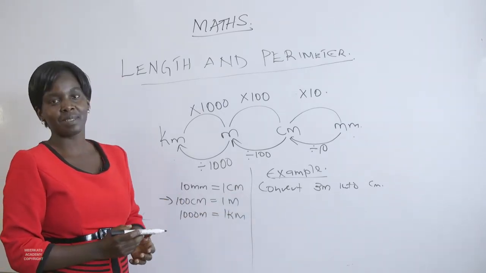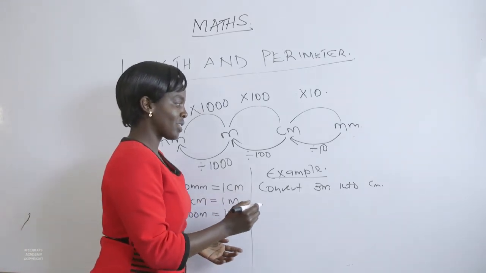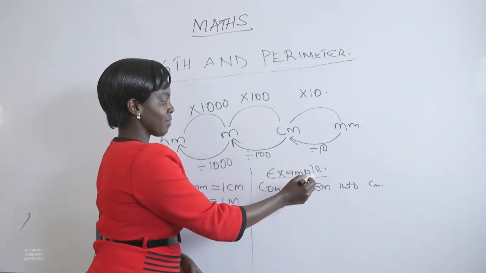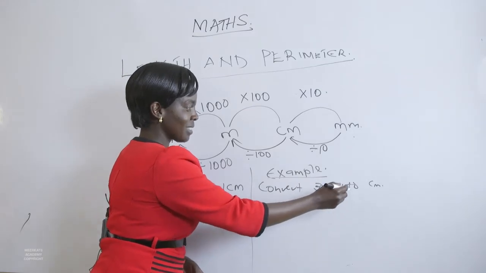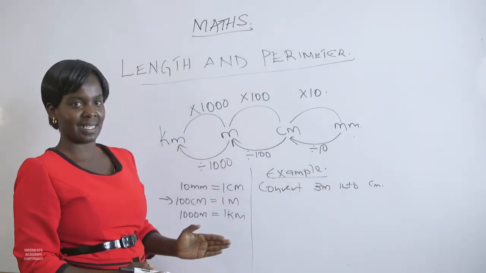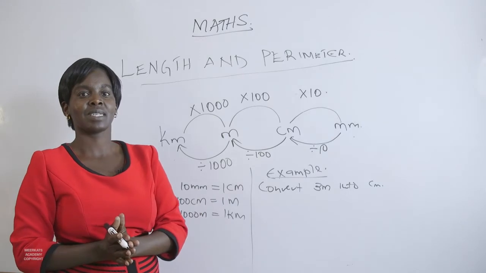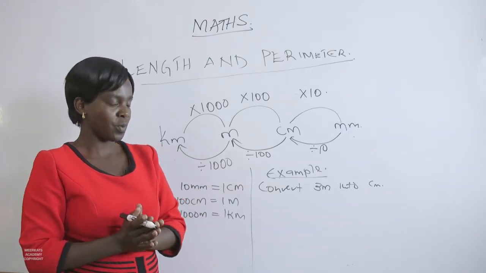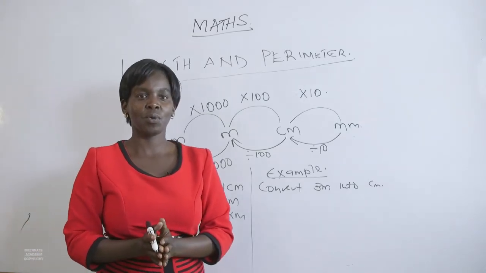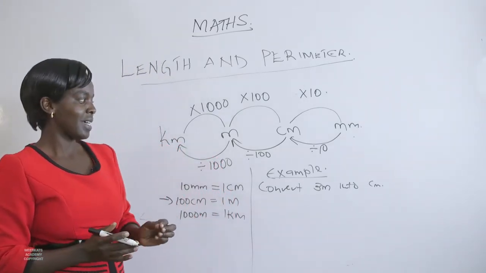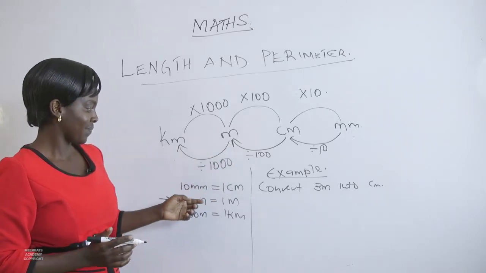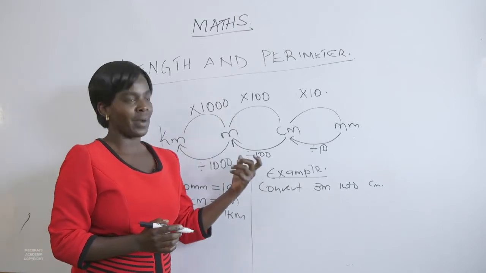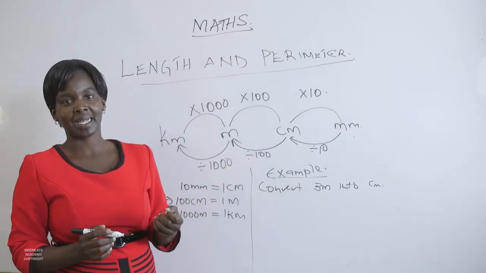Meters to centimeters. So the question that we are supposed to ask ourselves is, are we coming from meters to centimeters or centimeters to meters? In other words, are we going to multiply or are we going to divide? How do we know? We have said that if we are moving from a larger value to a smaller one, you multiply.